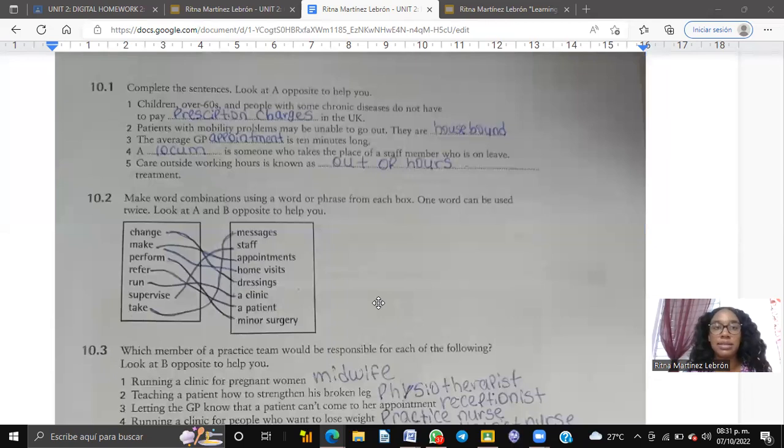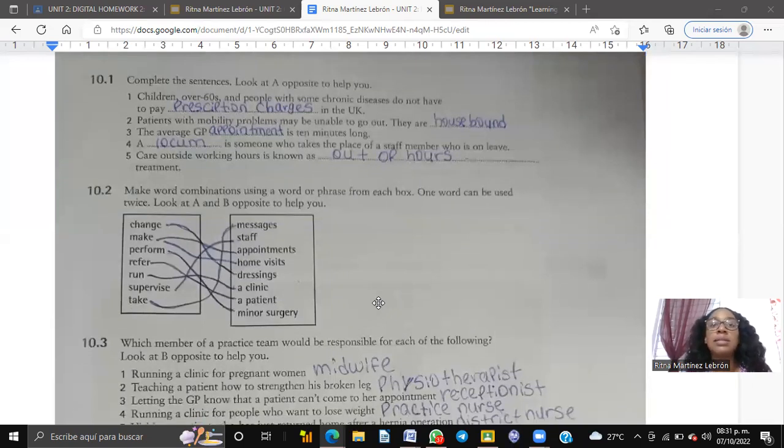Now exercise. Complete the sentence. Look at A opposite to help you. Children over 16 and people with some chronic disease do not have to pay prescription charges in the UK.